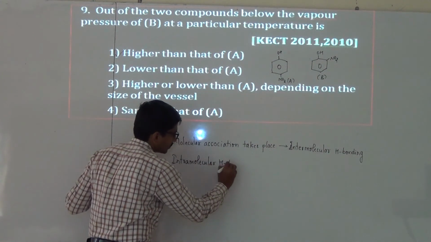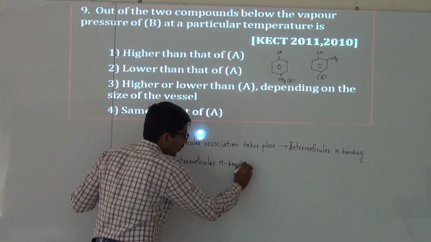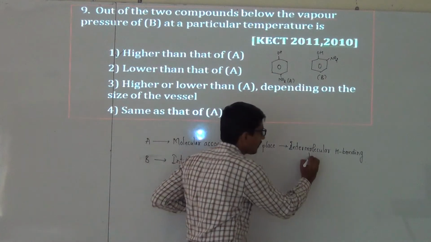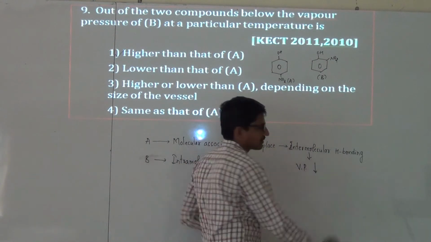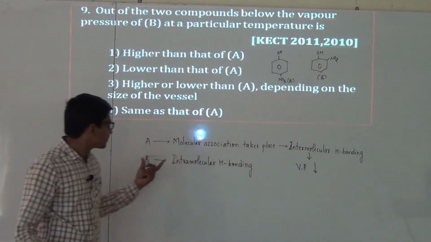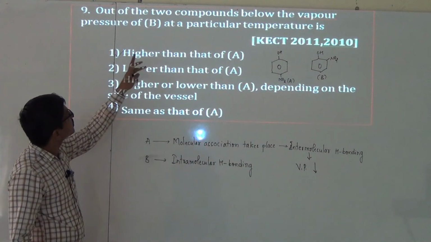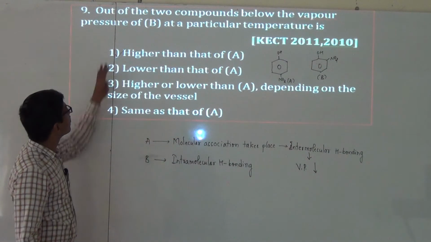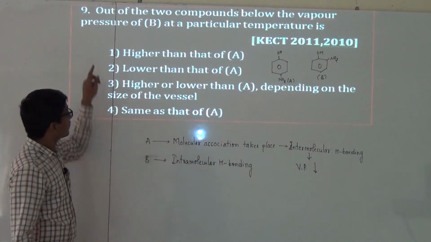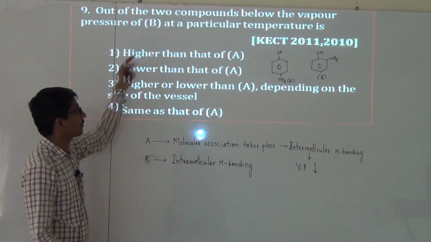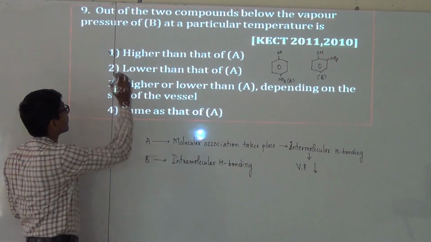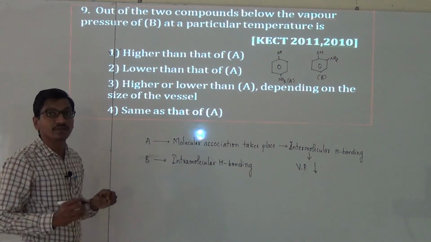Vapor pressure decreases in A, which means the vapor pressure of B at a particular temperature is higher than that of A. Correct option is A.